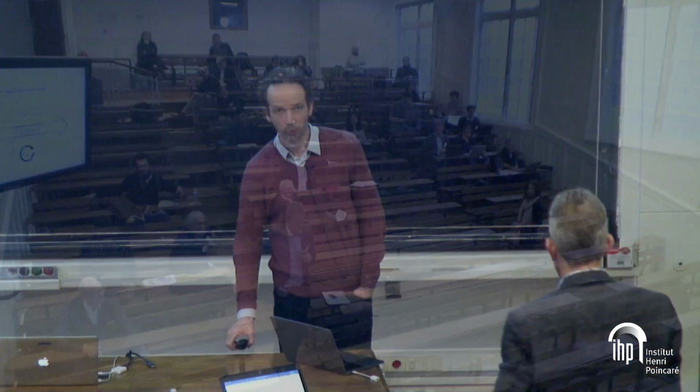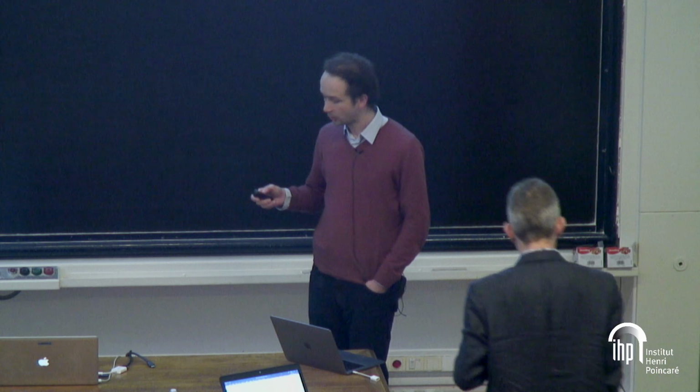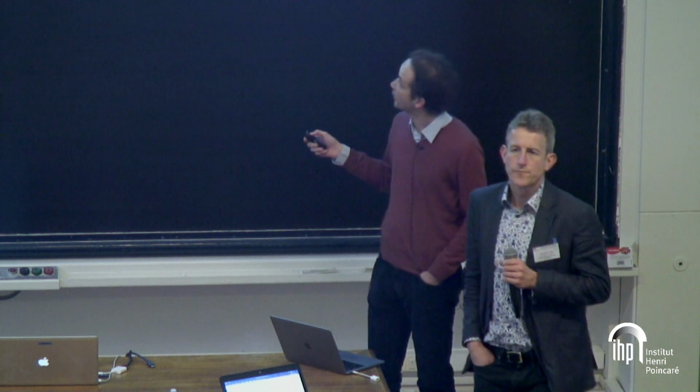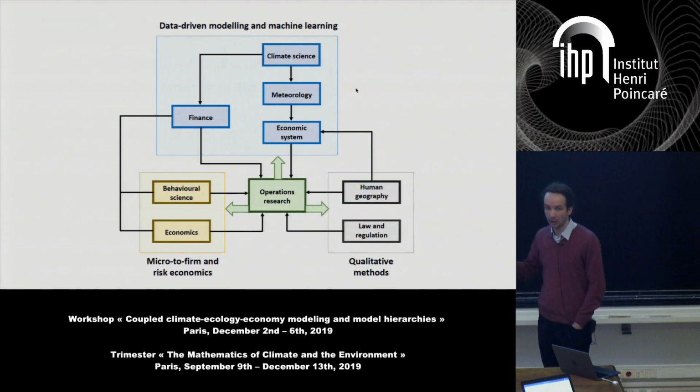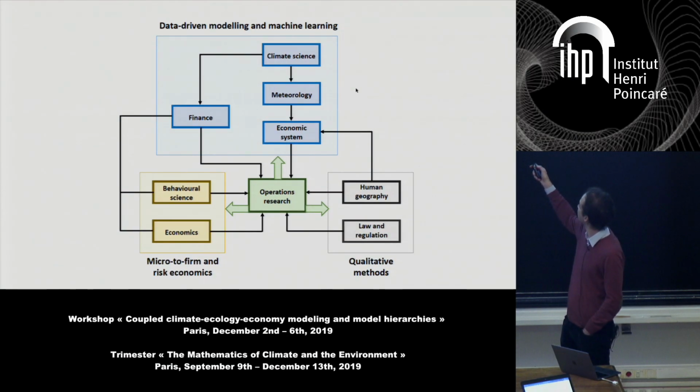Yeah. So we have another project that is starting pretty much now, that is bringing together these different disciplines: finance, climate, and here the economic system is crop science, but there is going to be the energy system and so on.